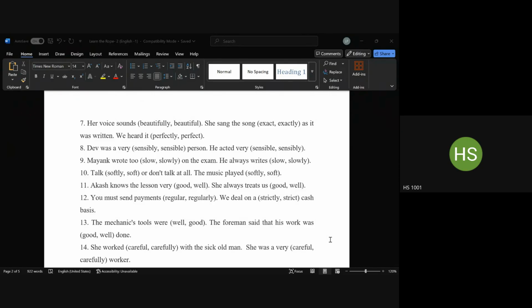Compare these two sentences. What is the word being associated? If I'm talking about well here, which word in the sentence is well associated with? For that, you need to first look at the second sentence. "His voice sounds beautiful." The word beautiful is your adjective, right? And what is that word associated with?